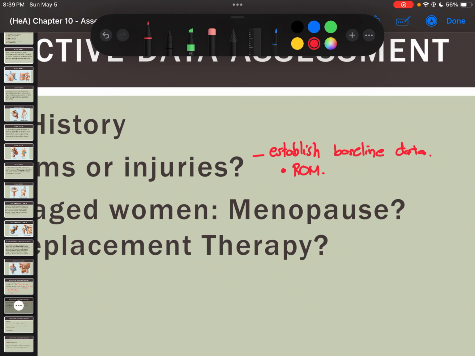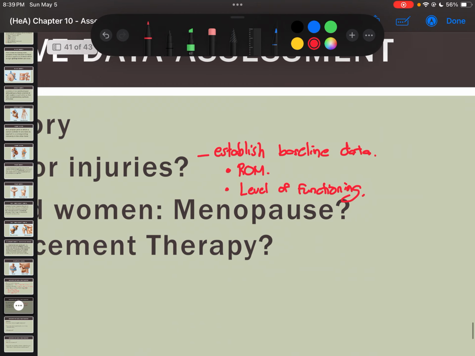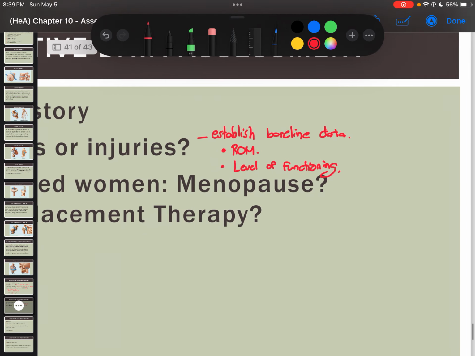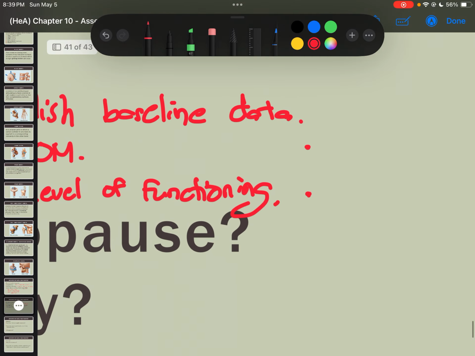Aside from that, it establishes our level of functioning. And lastly, since it establishes baseline data, it gives us a history of injury.